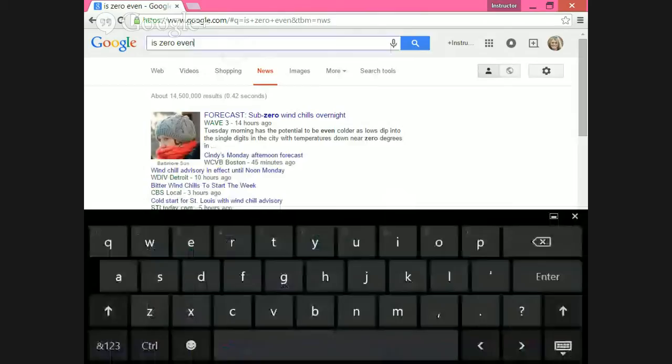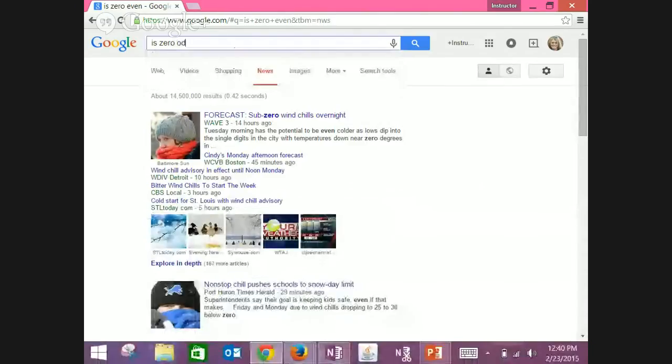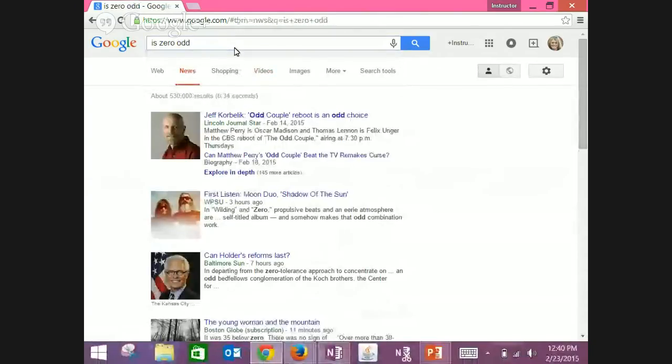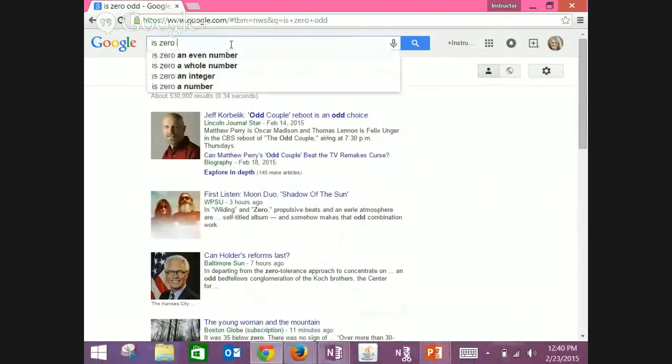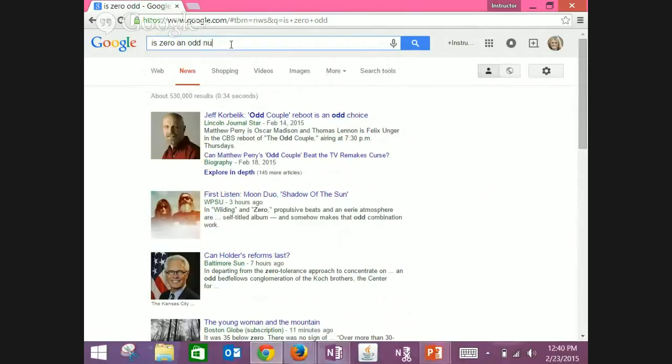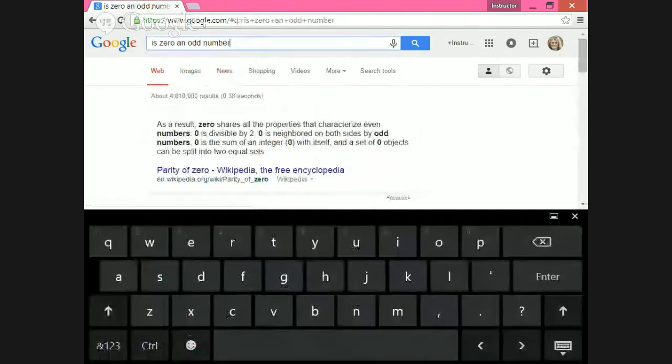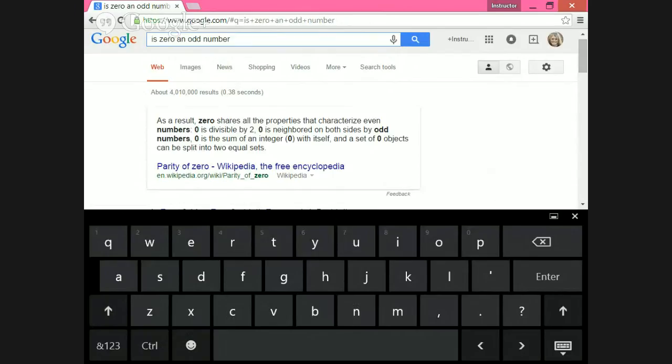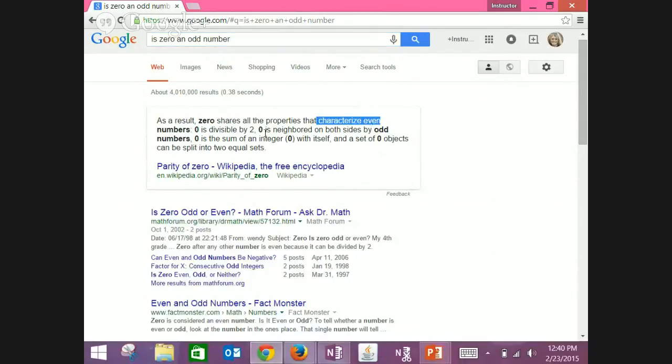It is very odd because it's 0. Oh, you're in the news category. Oh, I don't know. Even. So 0 shall have the properties of the characteristic of an even number.